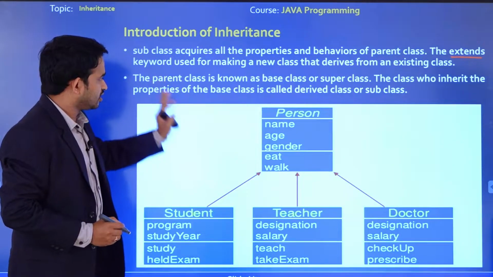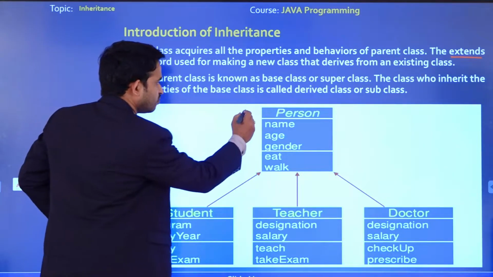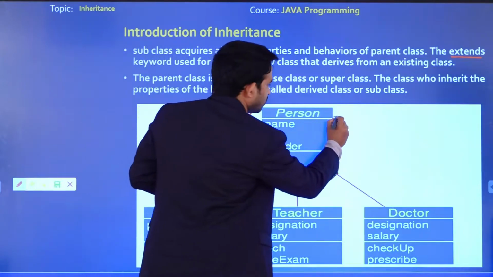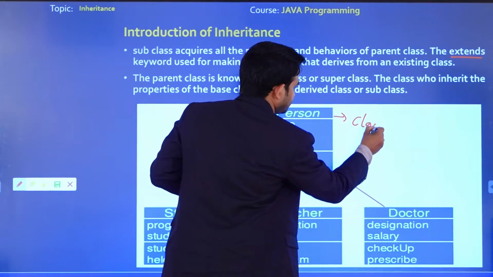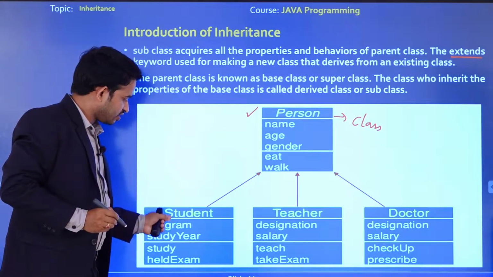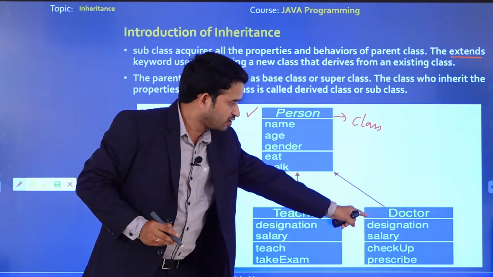Here is the example of inheritance. I am taking one example, person. Person is one of the classes. Here one more class we are taking: student is one more class, teacher is one more class, doctor is one more class.